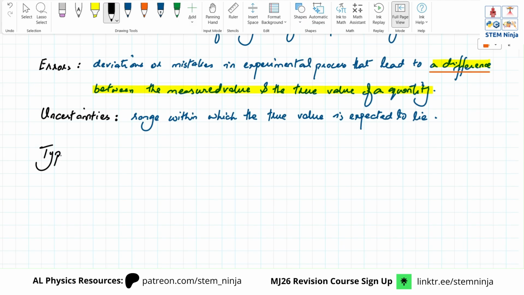Now, the types of errors. There are different types of errors leading to uncertainties. The first one is easy, systematic.